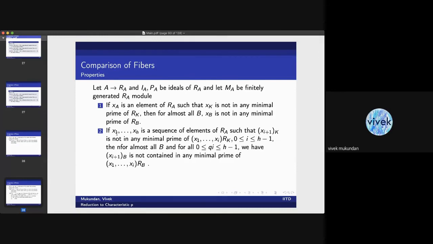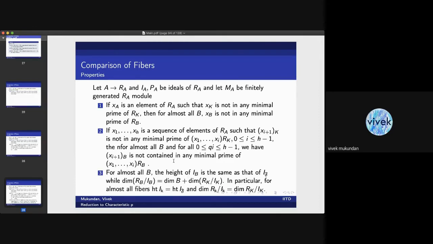In fact, take a sequence of elements of RA such that Xi plus 1 is not in any minimal prime of X1 up to Xi for almost all B. Then Xi plus 1 B is not in any minimal prime of X1 up to Xi either.